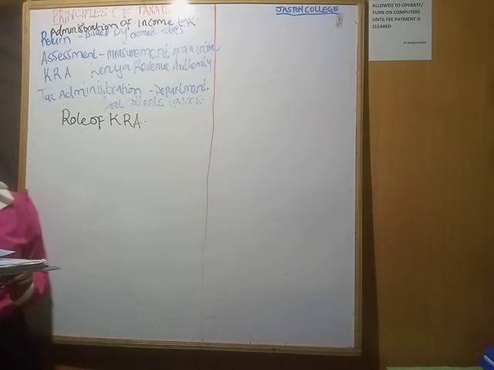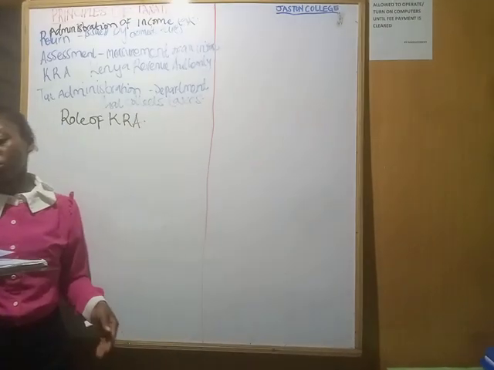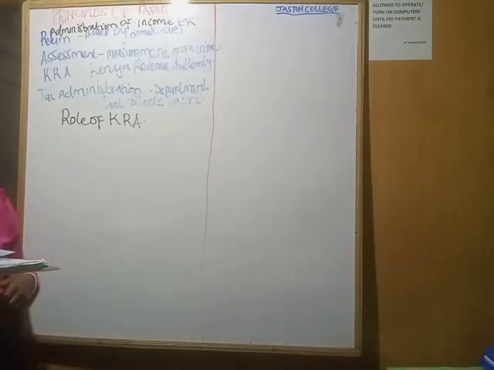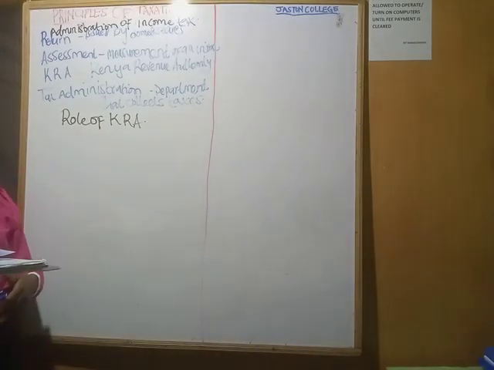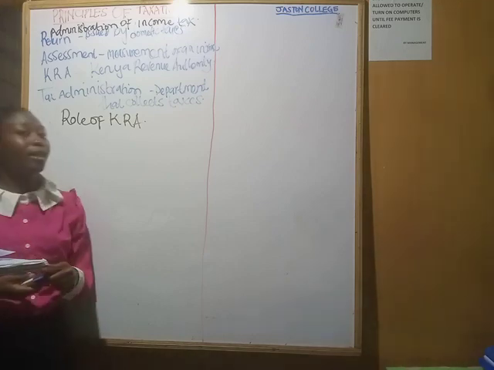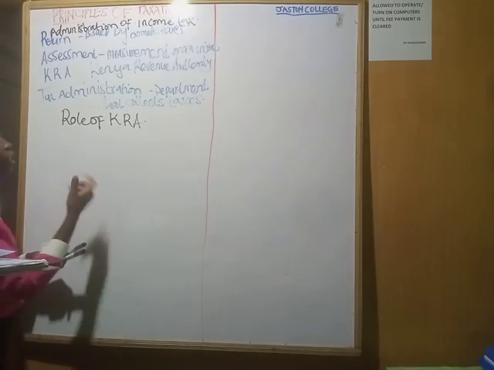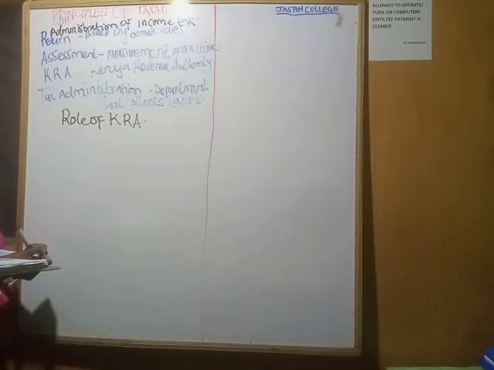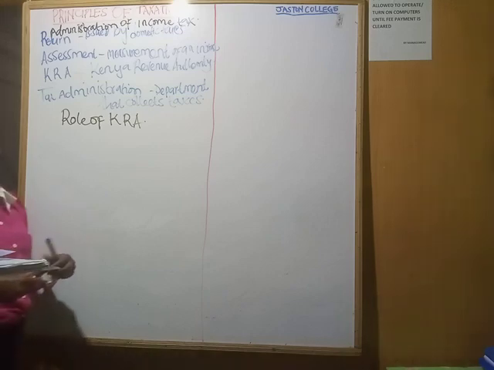Point number 2, the role of KRA also is to advise on matters pertaining to the collection of revenue. The KRA basically deals with the collection of revenue from different businesses and different people who get an income.